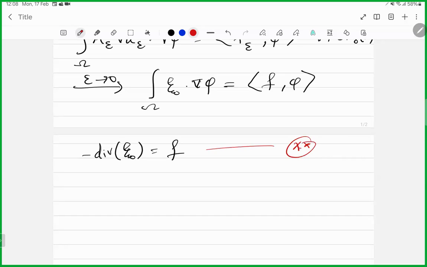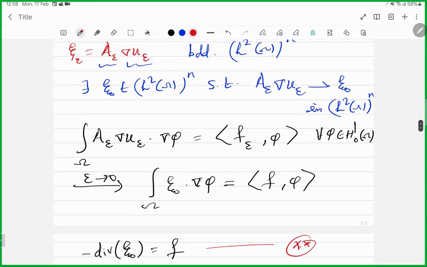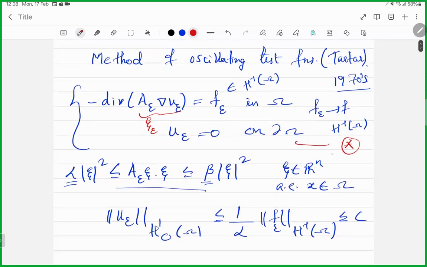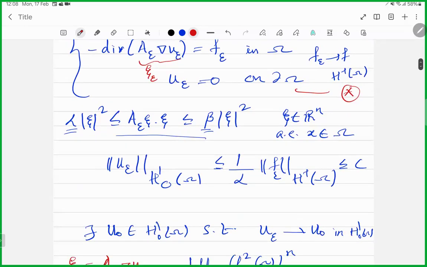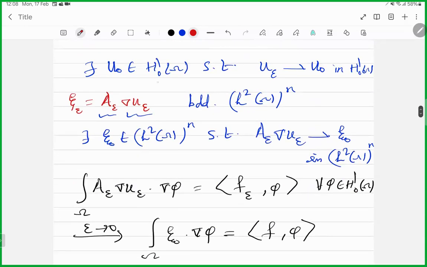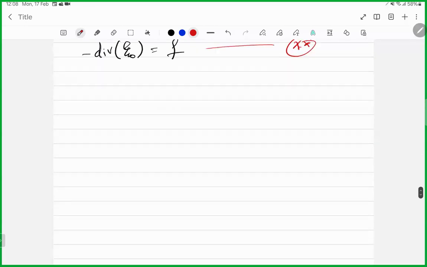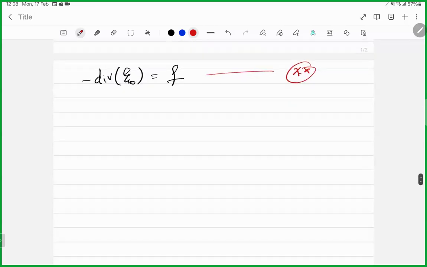Now you see we had the star equation here, with A epsilon grad u epsilon equal to F epsilon. And also the boundary condition is satisfied because u naught is in H^1_0, so you also have u naught is 0 on the boundary of omega.